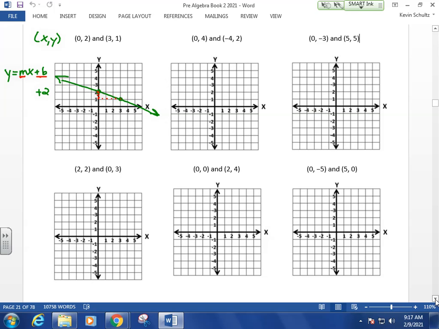Negative 1/3. So our equation in slope-intercept form is going to be y equals negative 1/3 x plus 2. I'll write it a little bit bigger down right here. Y equals negative 1/3 x plus 2. Okay.